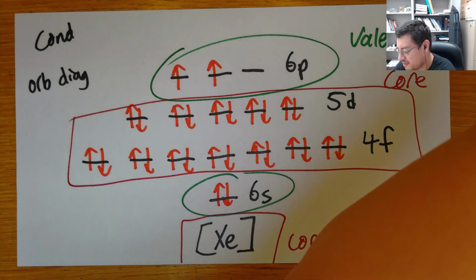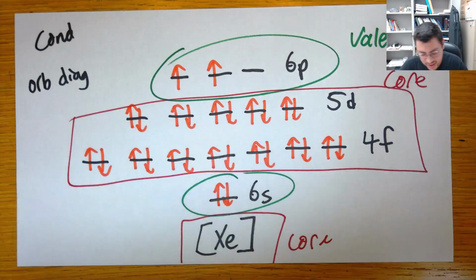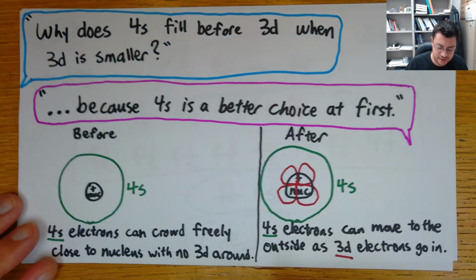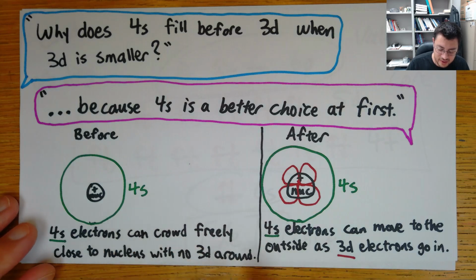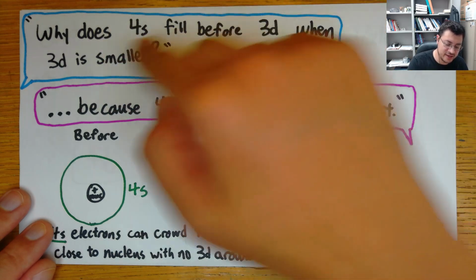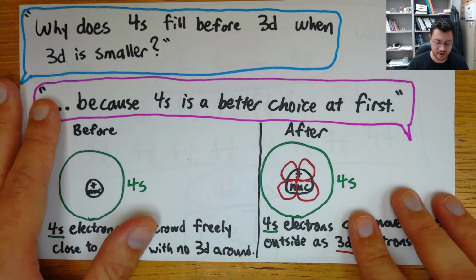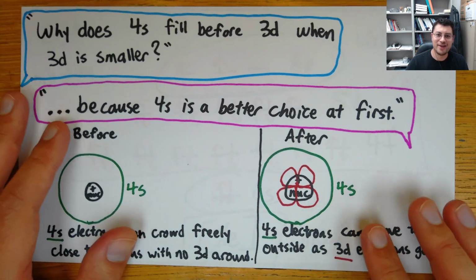It's going to be a similar situation to here, that even though 3d fills after 4s, it is still in reality smaller. All right, so just trust the order and you'll be okay. All right, thanks. Take care.